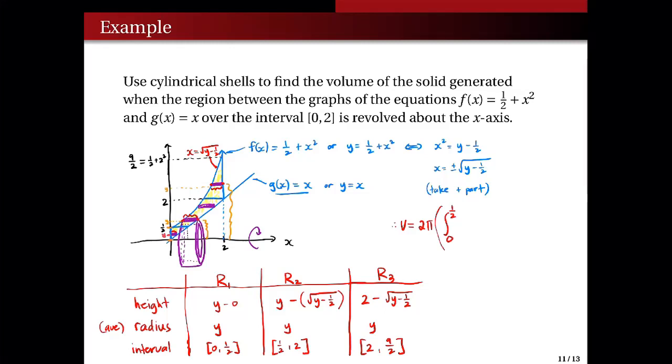The radius is y. The height is also y, but I'll put y minus 0. And then, of course, you have the dy there. Again, the 0 in here is just for emphasis. This guy here is this vertical line there. It's x equals 0.